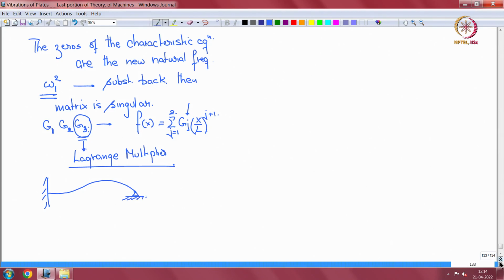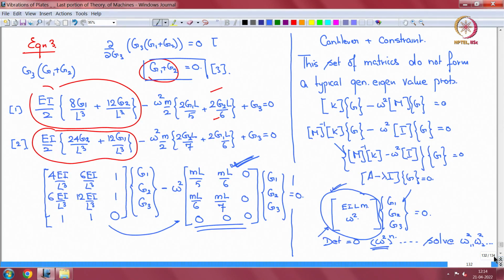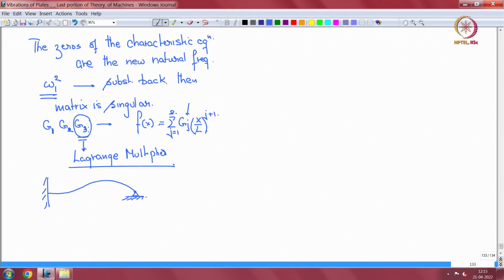Okay. So it is not a typical generalized eigenvalue problem, but it is numerically solvable. In the next class I will show you the numerics on this one, to show that indeed this method also works. Now this method is not a typical eigenvalue problem, so that is kind of a disadvantage.